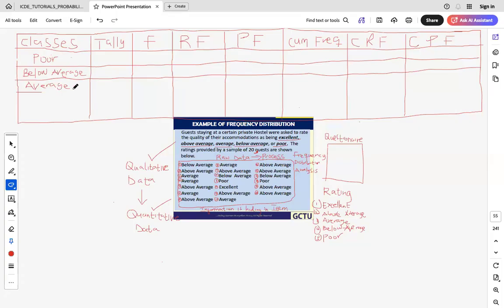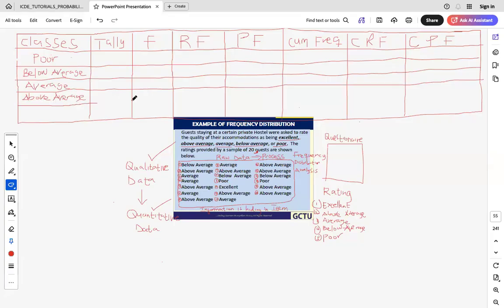So we give them the third line to get their information. Then the next group said the facility was above average. So the above average group, we give them the fourth line.